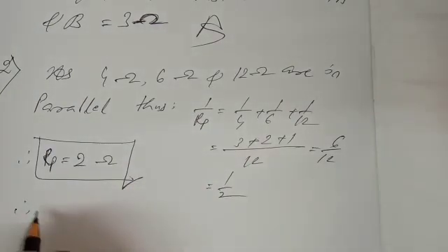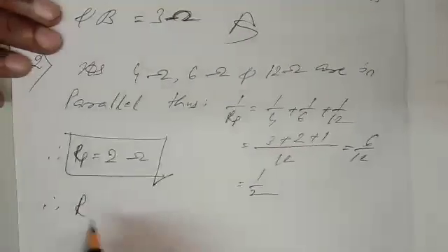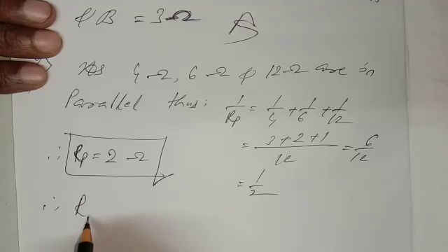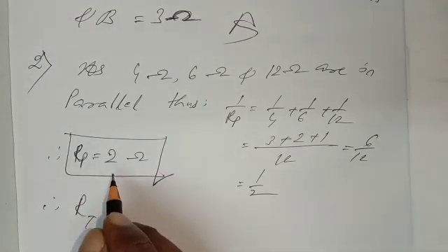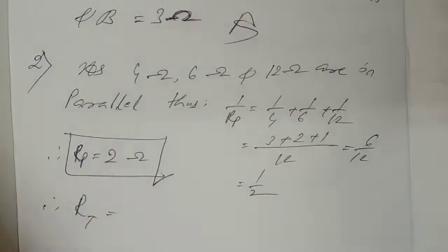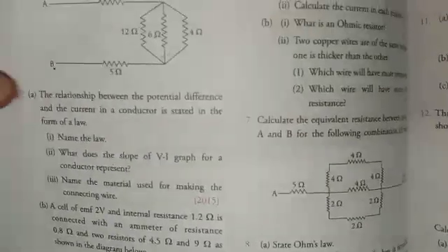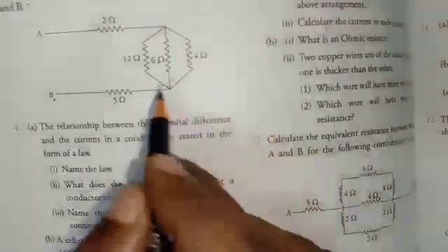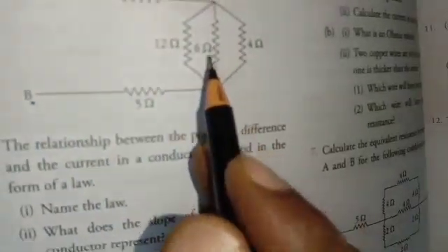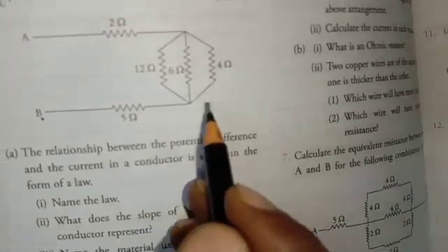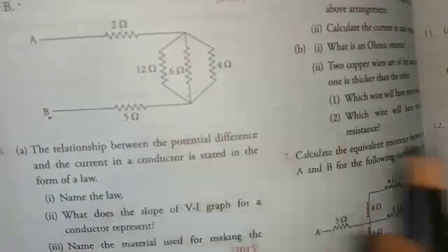Therefore, total resistance between A and B: this 2 ohm, and here this total you got how much? 2 ohm. Very carefully here, 2 ohm plus 2 ohm plus 5 ohm you have to add.